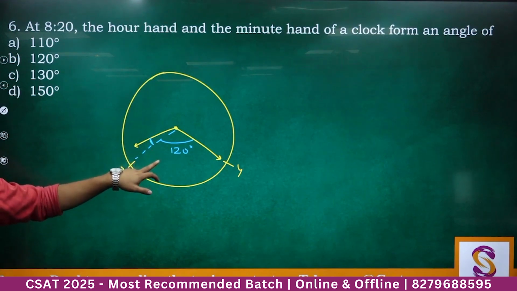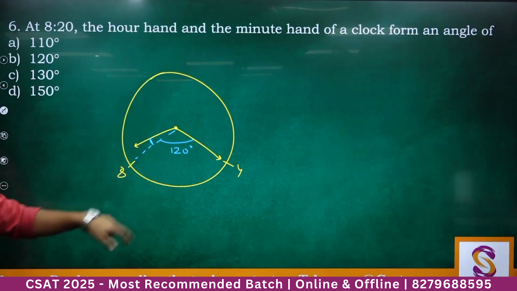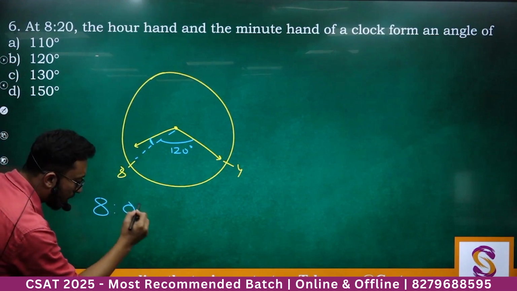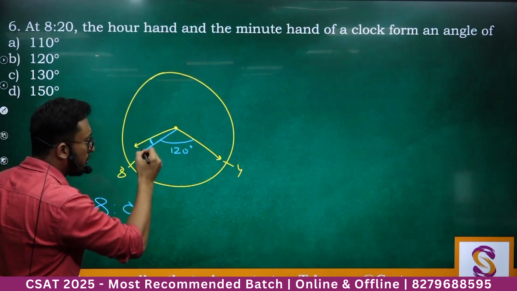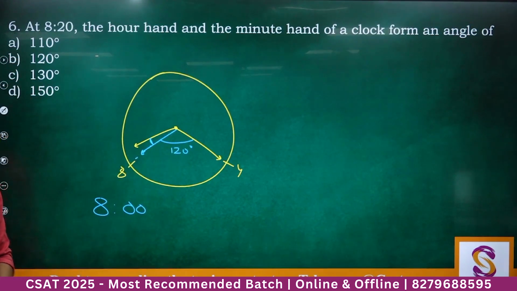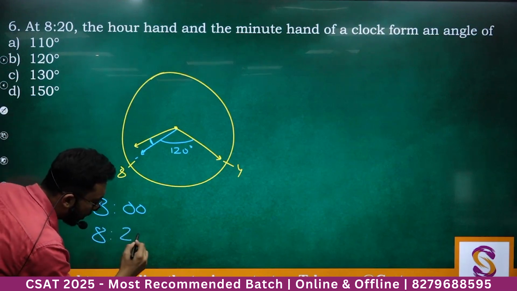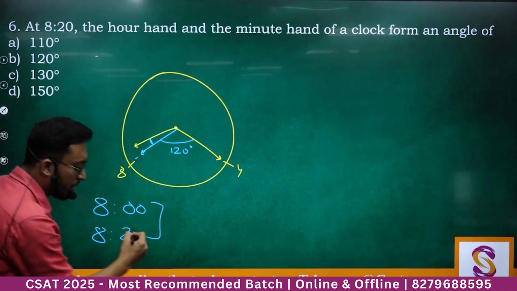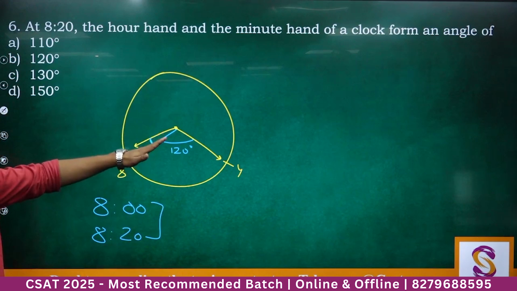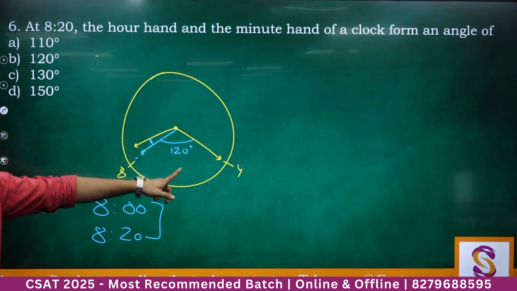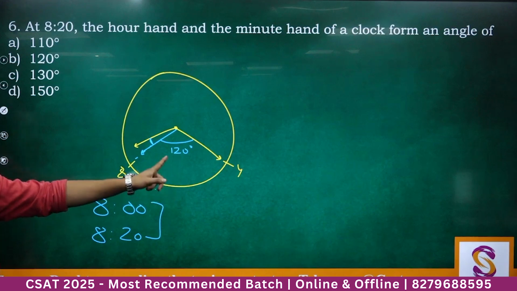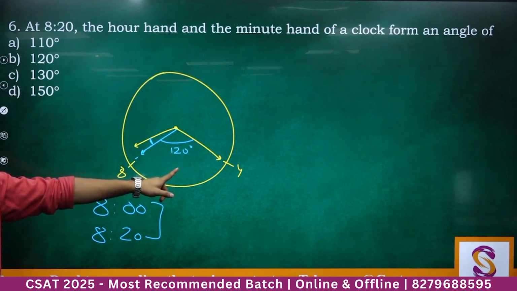Had the time been 8 PM, 8 बजे होते तो this angle would have been exactly here, but the time has become 8:20. So in this 20 minutes my R hand has rotated and increased this angle. ये भी ध्यान रखना है कि it is increasing or decreasing the angle that is in consideration.